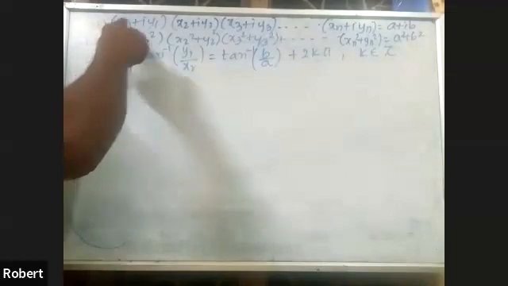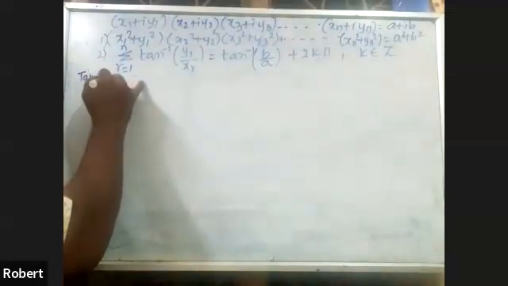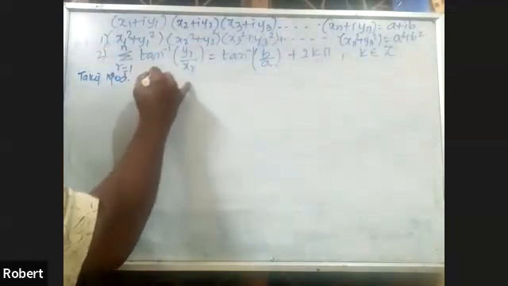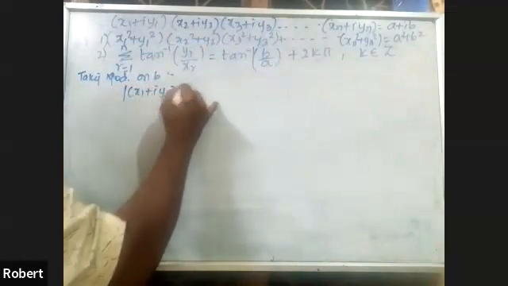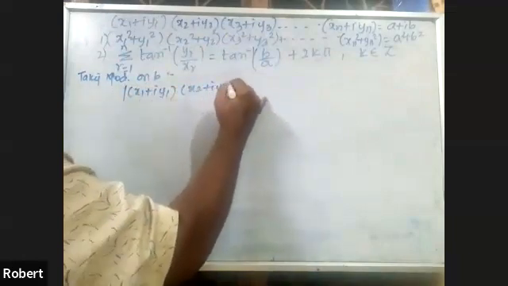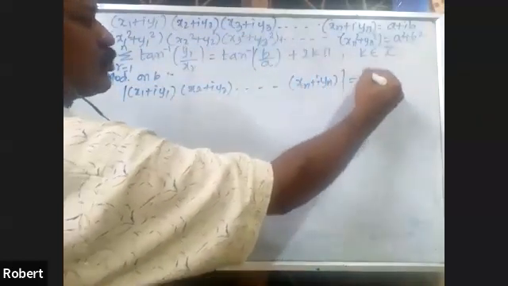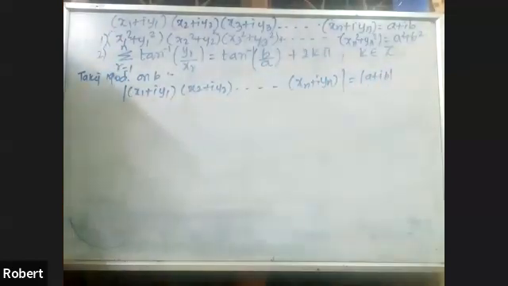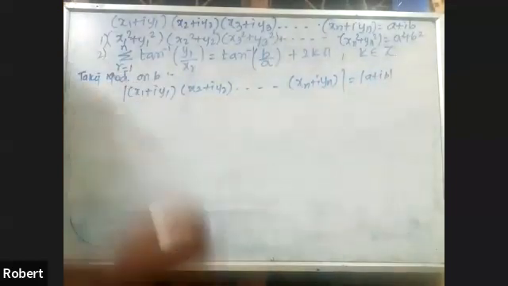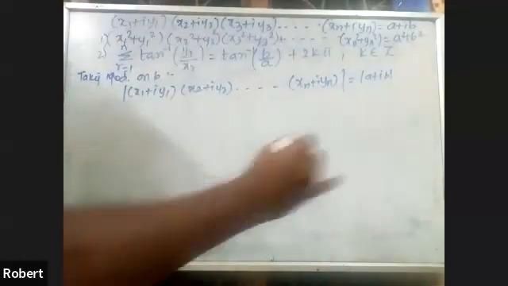Using the given condition, taking modulus on both sides, I can take the modulus of x1 plus iy1, x2 plus iy2, and so on up to xn plus iyn, which is equal to the modulus of a plus ib. Using the properties of modulus, the modulus of z1 z2 z3 can be written as modulus of z1, modulus of z2, separately.